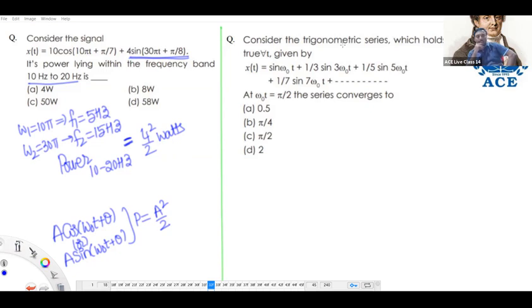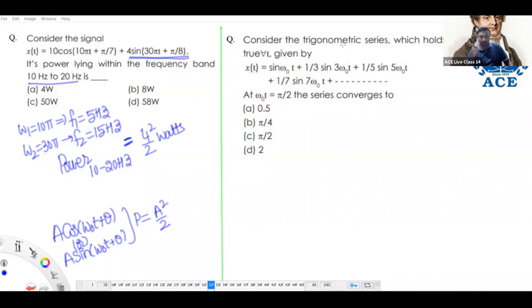Everyone think of the right-sided model and respond. Sine terms for odd harmonics are given. If you replace omega naught t equals pi by 2, that addition is simplified as what?